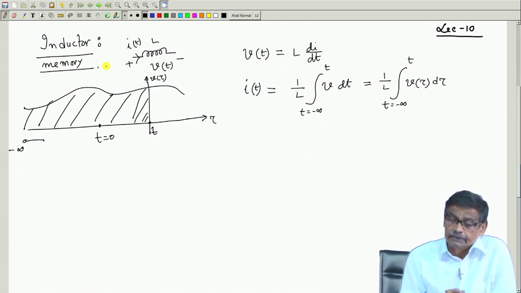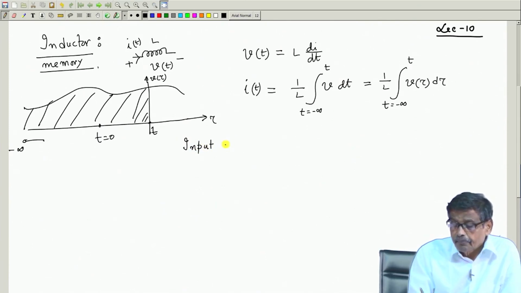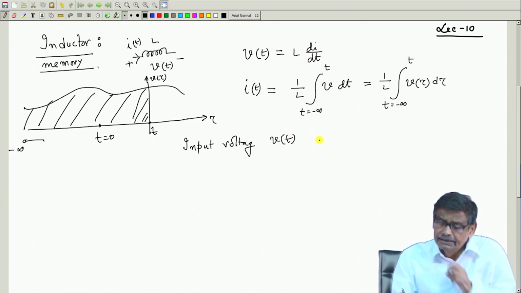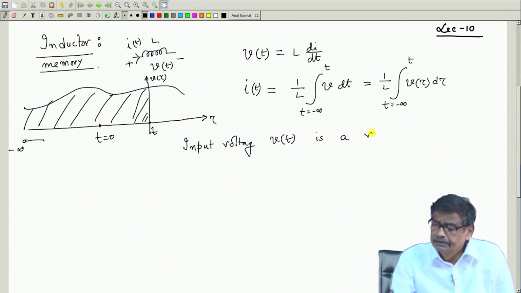We will assume that this input voltage V(t) is a reasonable signal.